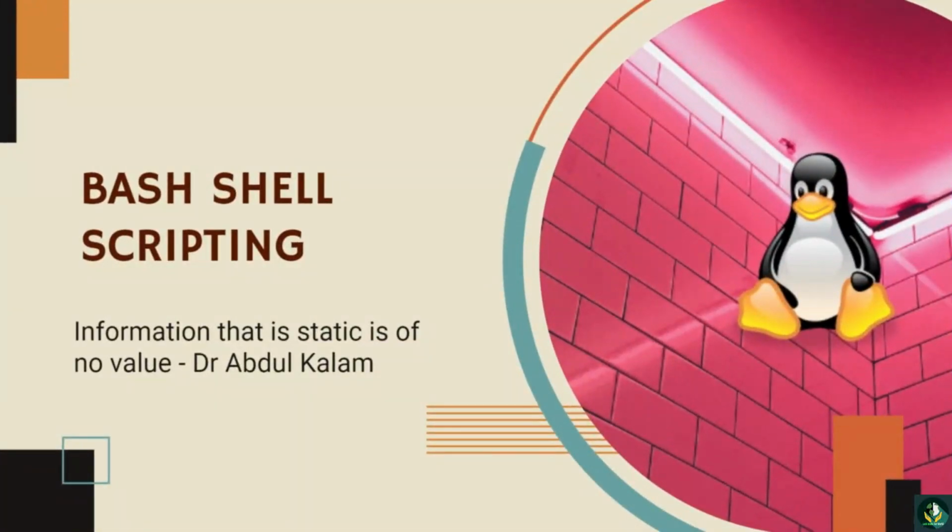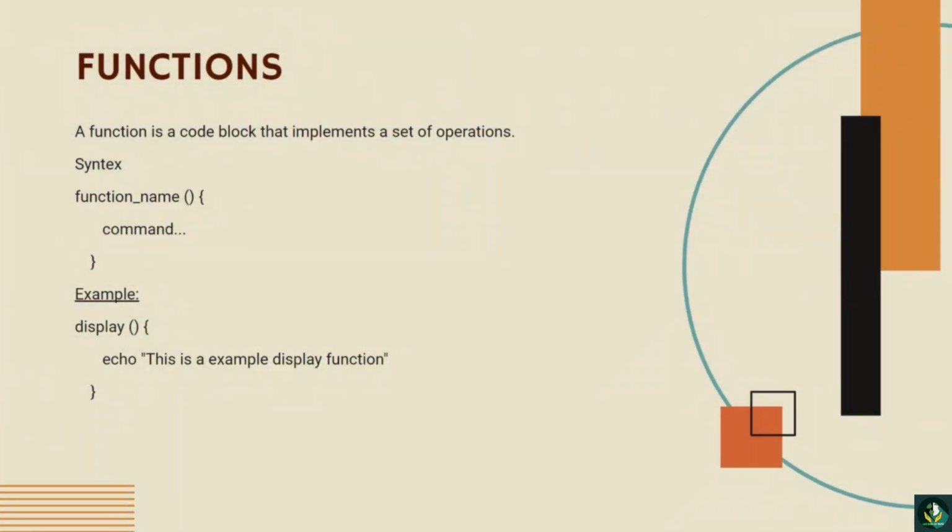Welcome back. In this section we are going to discuss functions. A function is a code block that implements a set of operations. The syntax is the function name, round brackets, and then curly brackets open and closed, with a set of commands written inside the curly brackets.